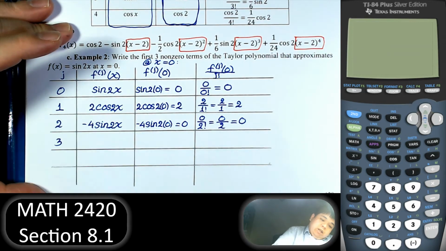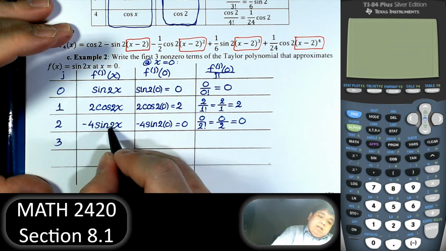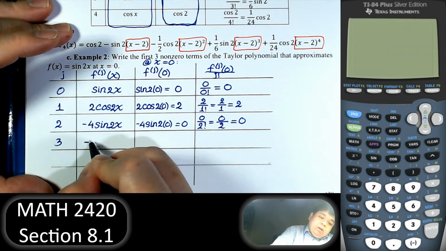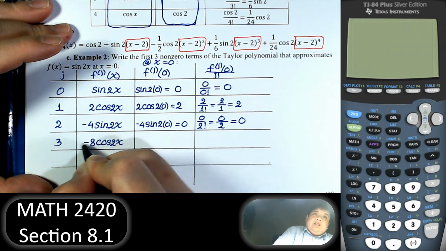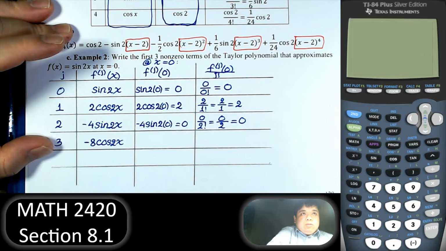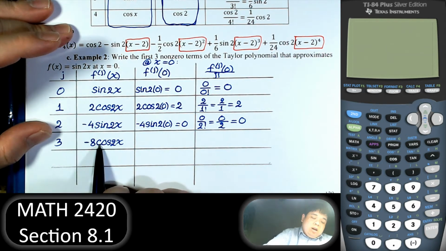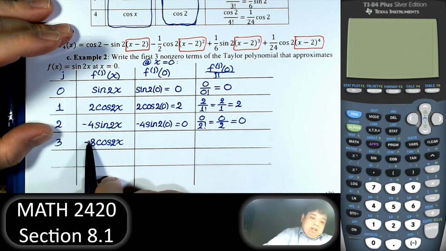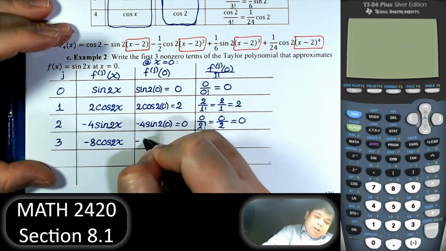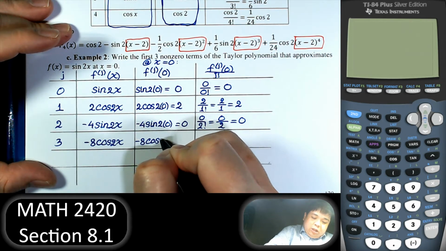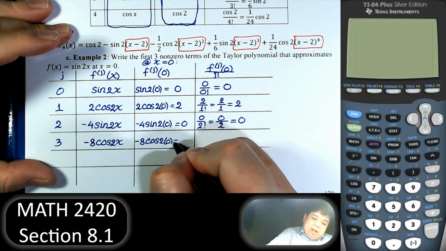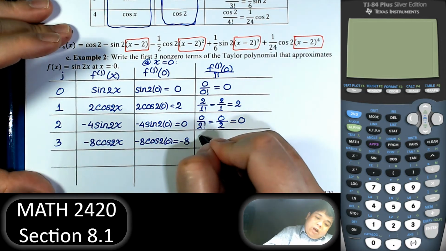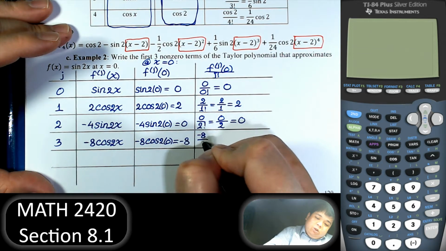Right, next, j equals 3. We take the derivative of this. There will be an extra 2: negative 8. The derivative of sine is cosine, and then the derivative of 2x gives us 2. Then we put 0 in for it. Cosine of 0 is 1, so that gives us negative 8. Now we have negative 8 divided by 3 factorial.